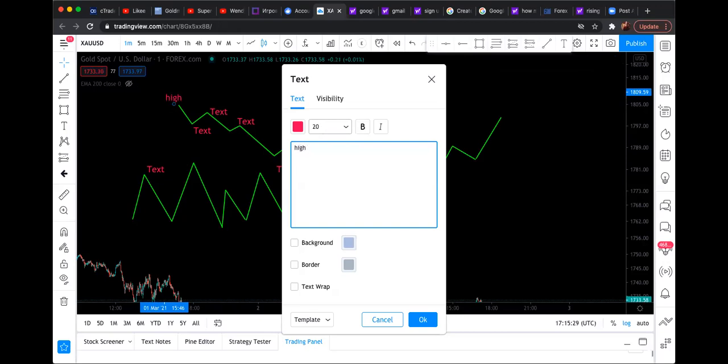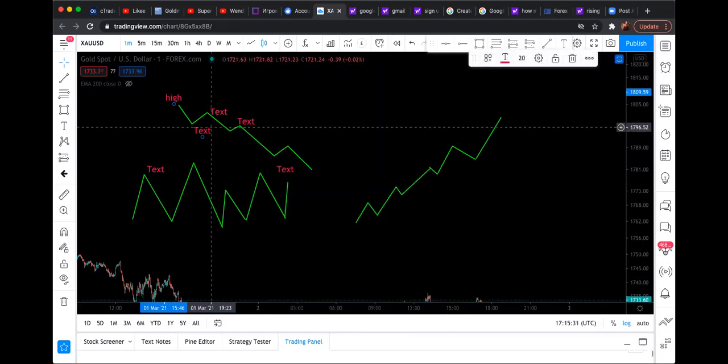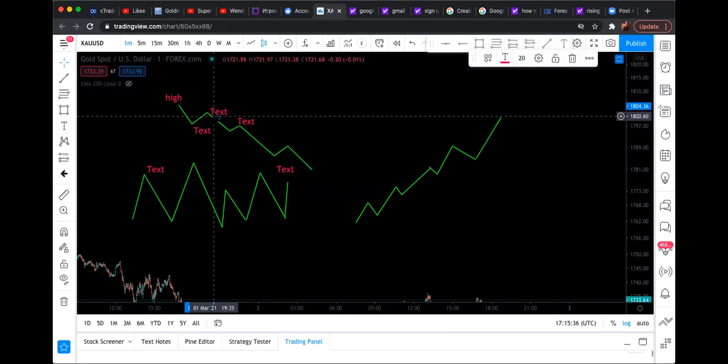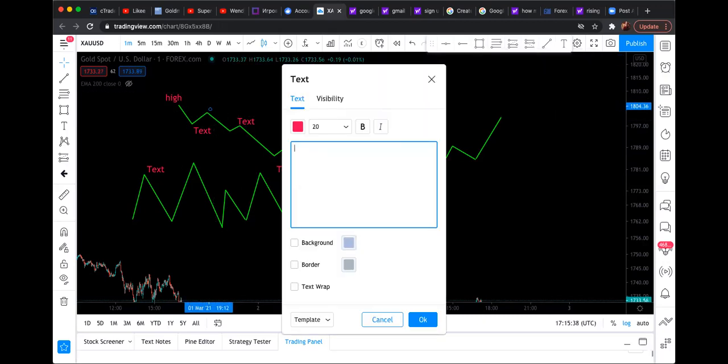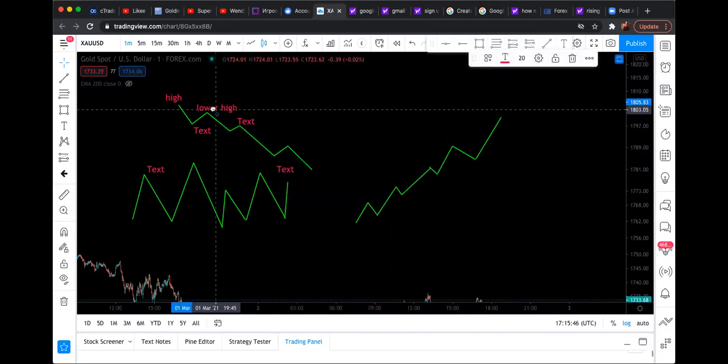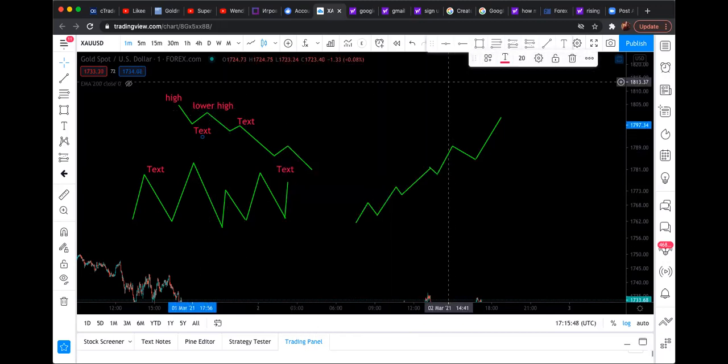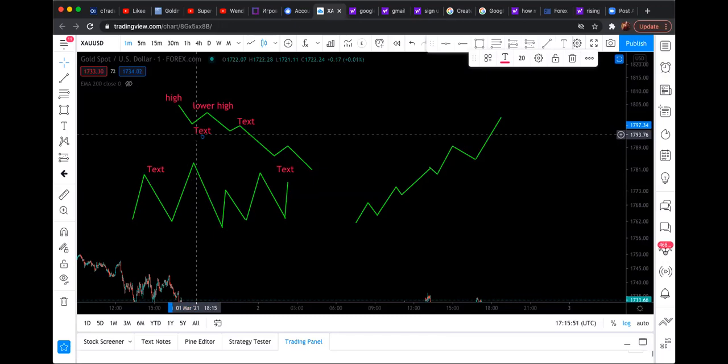It's always going to start from a high, and it's always going to go for a lower high, and then it will create a low over here.